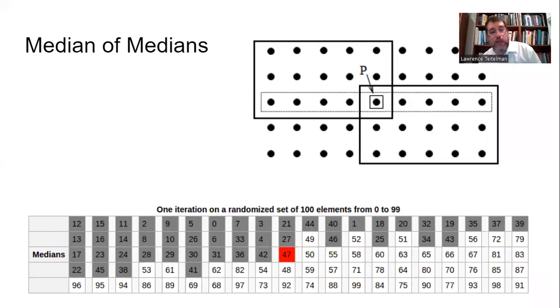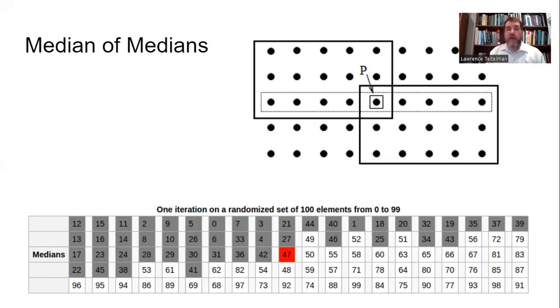And eventually, so what do we do with those chunks of 5? We take their medians. So this row that you see there are the medians. And what do we do with that list? So if we're calling this recursively, what are we going to do with that? You don't see all the iterations here, but what's going to happen with that? Find the median of those. You're going to find the median of those medians.